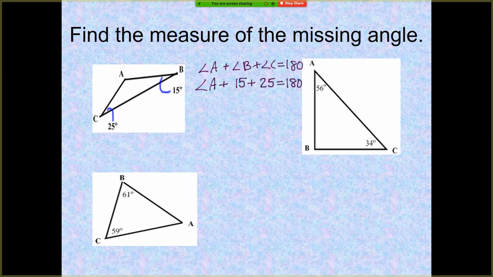And when I plug those two in, I can go ahead and simplify. So angle A plus 40 equals 180.